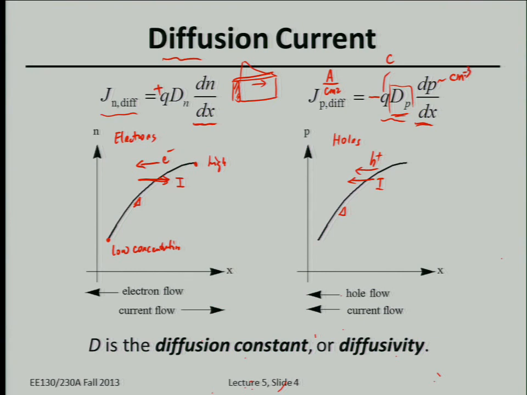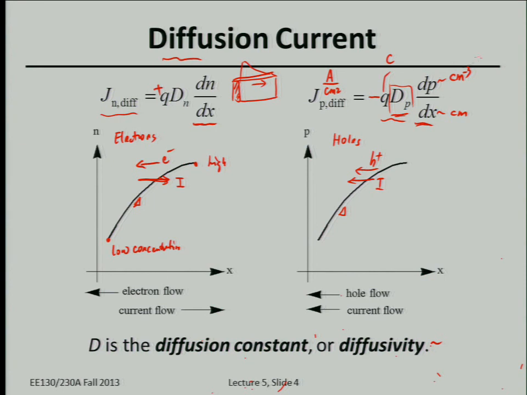And this x is just length, with a unit of centimeter. If you rearrange all the units involved, you can get the units of the diffusion constant.